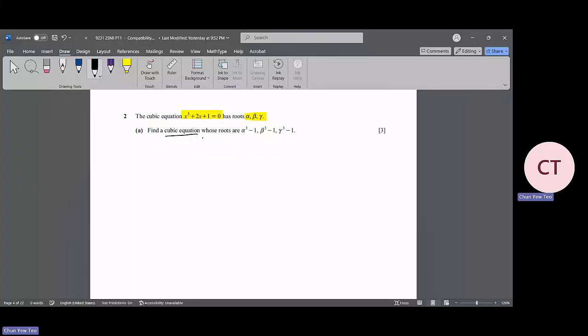Find the new cubic equation whose roots are alpha cube minus 1, beta cube minus 1, and gamma cube minus 1. So what you need to do over here is, first of all, we just let y equal to x cube minus 1. Then you will get x equals (y plus 1) to the power of 1/3.